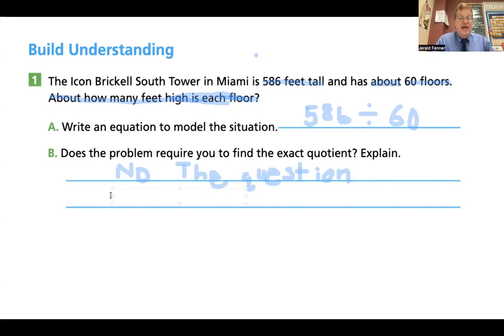Okay, the question asks about how many feet high is each floor. Let me just extend this out. And there you go.